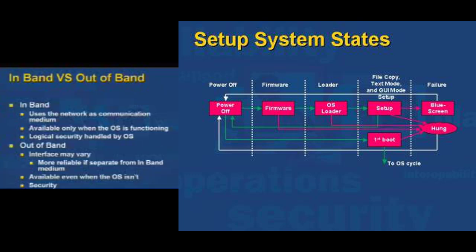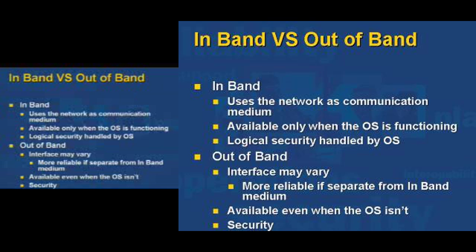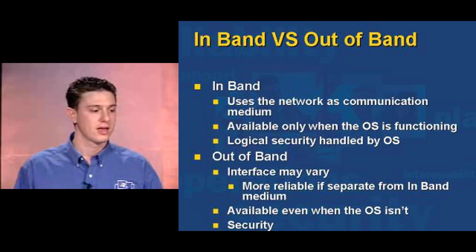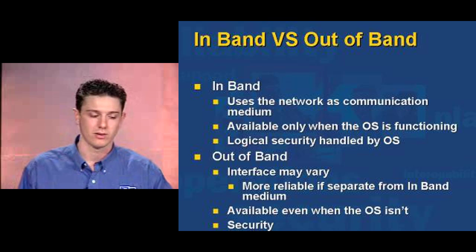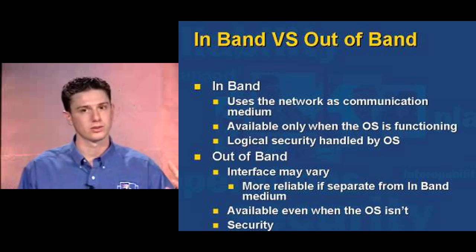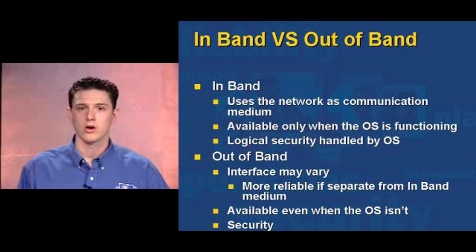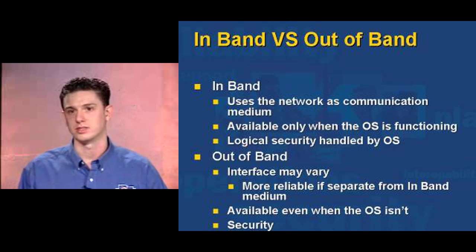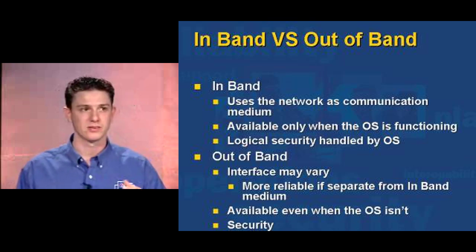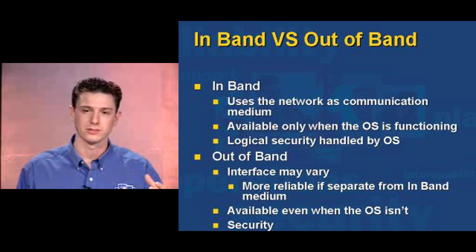Out-of-band management is management that doesn't rely on the network card, or I should say doesn't rely on the network stack in Windows and the Windows management tools. Instead, we need to rely on other options that aren't as reliant on the OS being present. This is how we deal with those states other than the OS state, where the system may be in firmware, where the system may be loading, where the system may have had a blue screen or be hung.